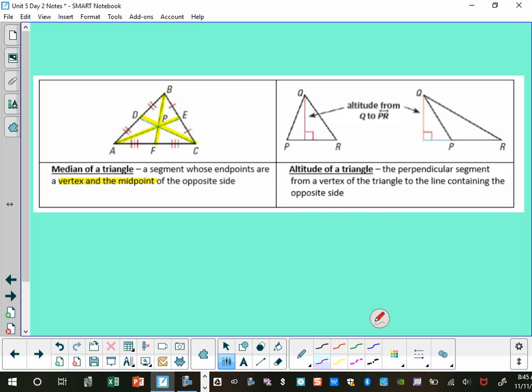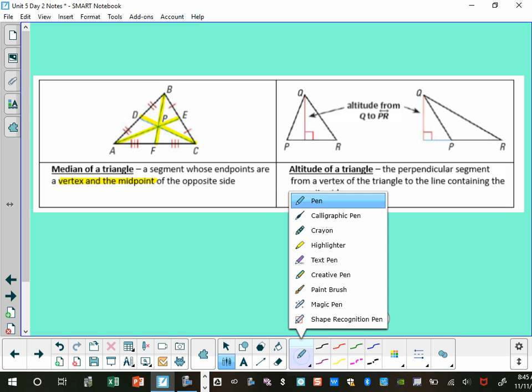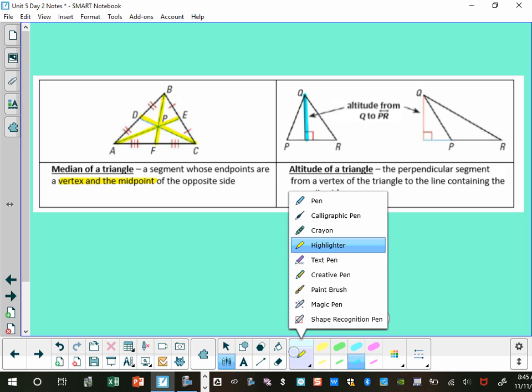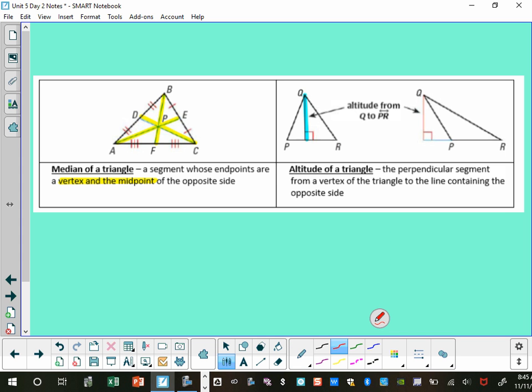All right, the altitude of a triangle. This says that we have the perpendicular segment from a vertex of the triangle to the line containing the opposite side. So here's my vertex at angle Q, and I'm going to go straight down, and because it creates this right angle here, that is the altitude.